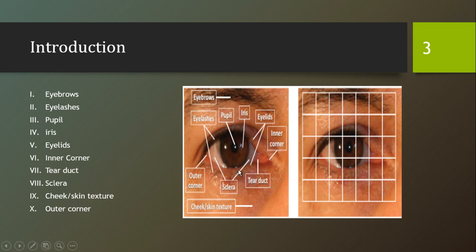There are other features as well, like pupil, iris, eyelids, inner corner, tear duct, sclera, cheek skin texture, and outer corner. Taking all these features combined is collectively termed periocular biometrics.